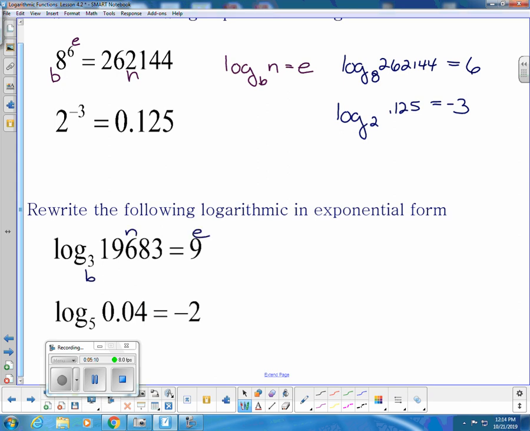Now write base to the e equals n. Are we good? Do we understand how to rewrite back and forth? Yes. I'm going to write the next one real quick.